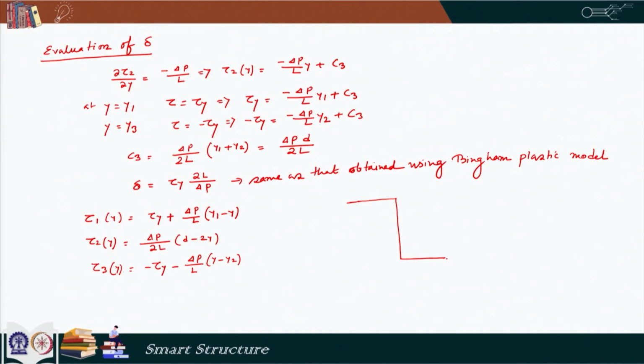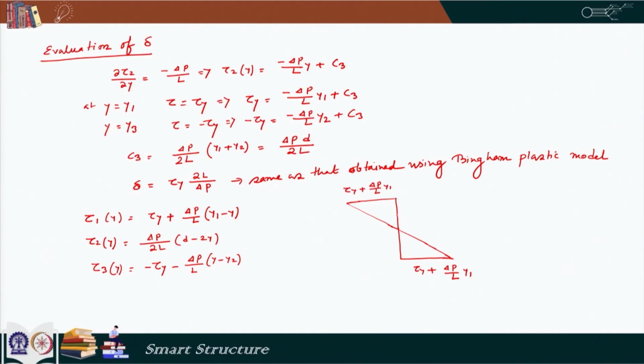So, the shear here and shear here are same, but opposite, and in between them it varies linearly. So, at d by 2 the shear stress is 0, and here it is tau y plus delta P by L multiplied by y1, and this value is also tau y plus delta P by L y1.